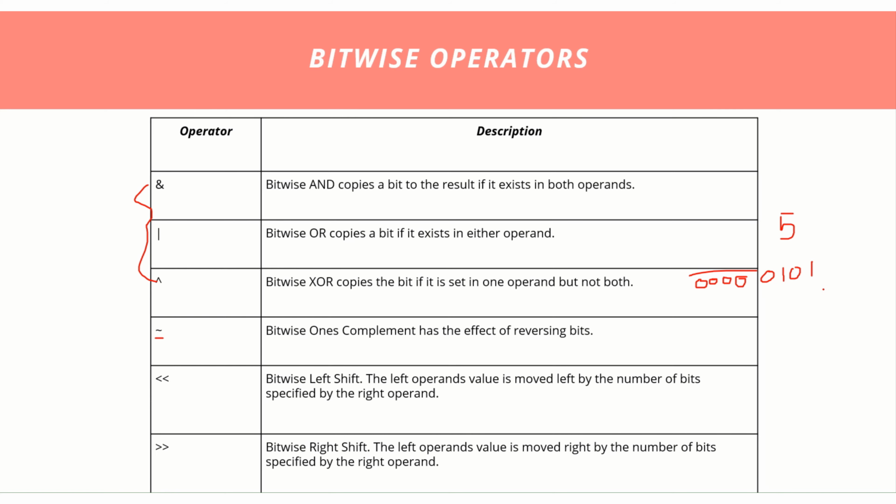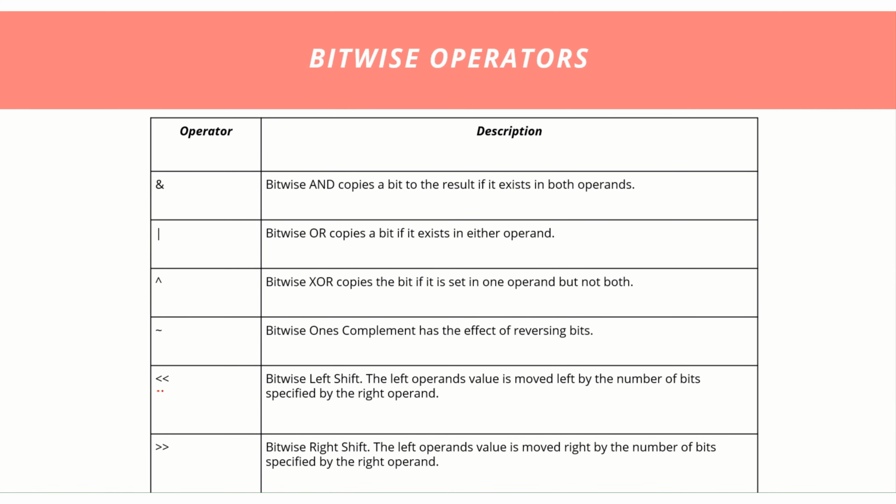Now let's perform the operation. That's going to invert all the bits. That is, 1 becomes 0, 0 becomes 1, 0, 1, 1, 1. In decimal, this number is 250. So bitwise NOT 5 is going to return us 250.